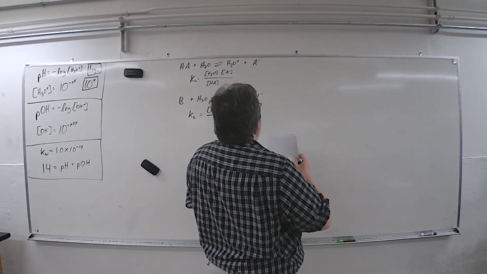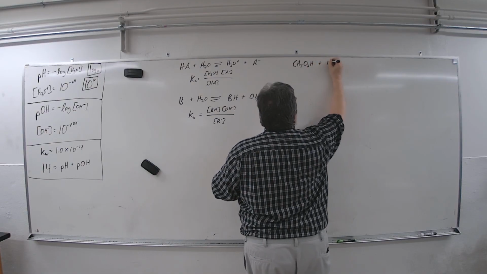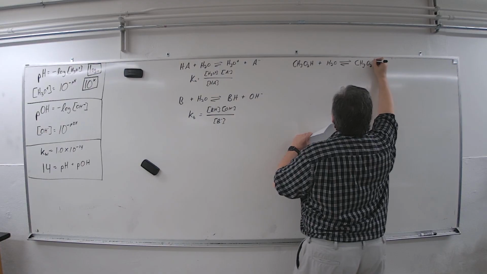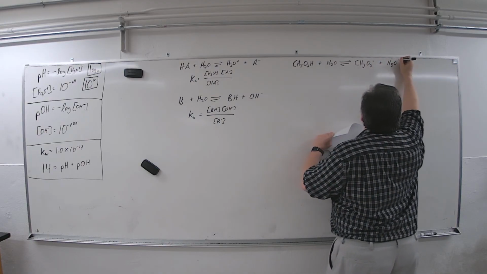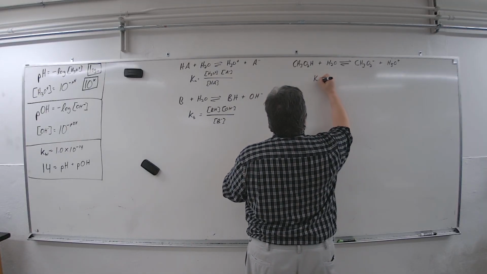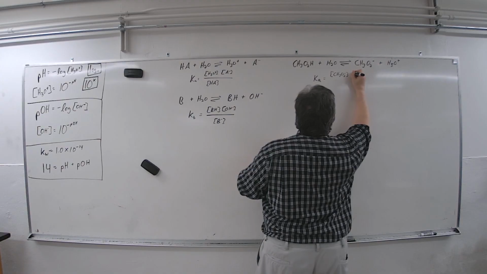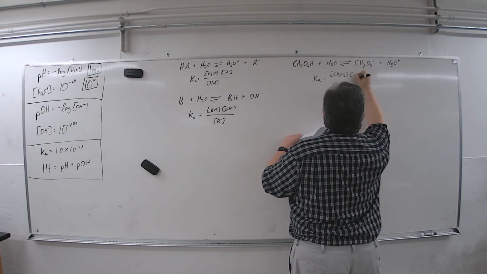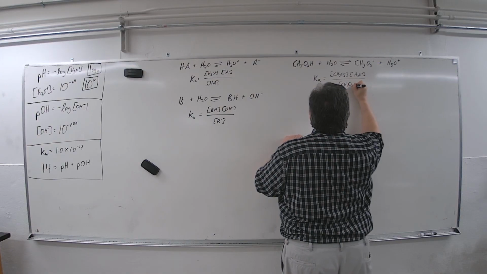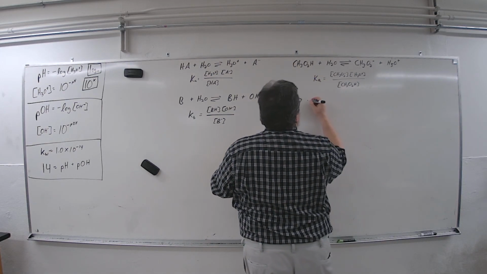Okay. So let me use acetic acid again, CH3CO2H. So analogous to this, if I'm going to use acetic acid, which is this, now what if I do this?